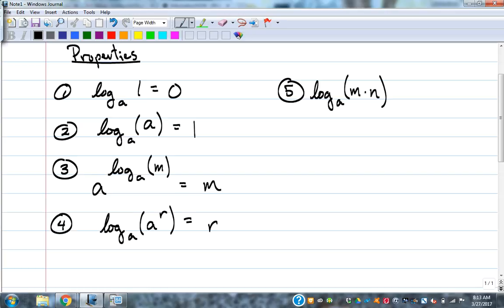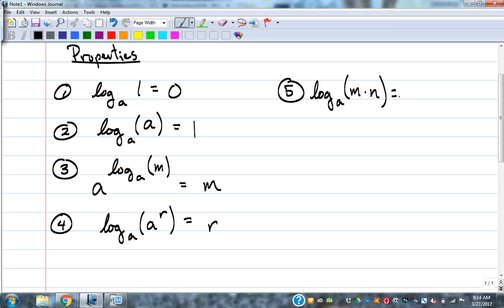Logarithms are really just what? What did we say that they were? Exponents, okay? So with exponents, what's the rule that you use when you multiply things that have the same base? What do you do with the exponents? You add them. So in a log, remember logs are just exponents. If it's multiplication in here, then it just turns into addition.